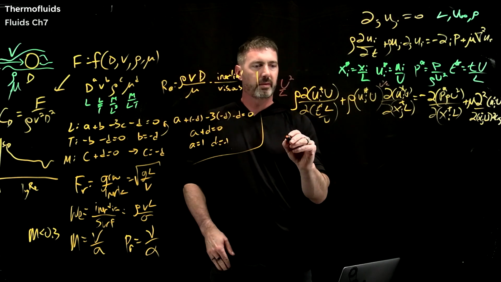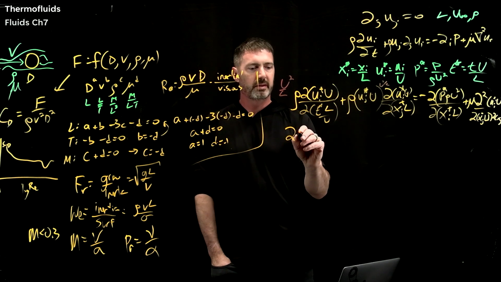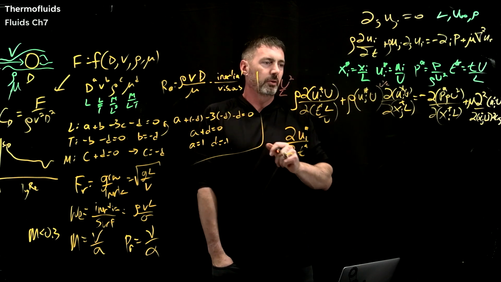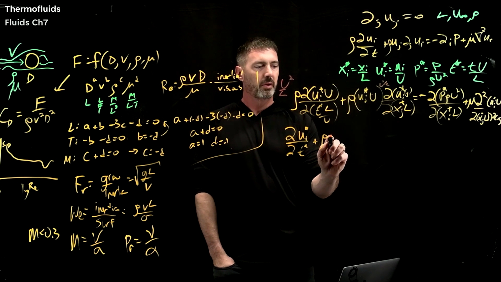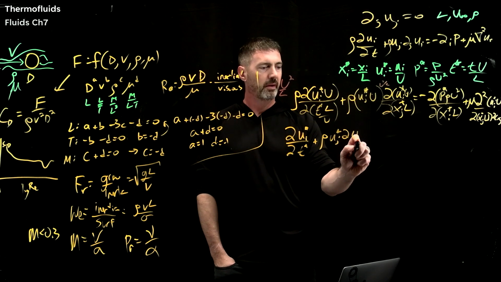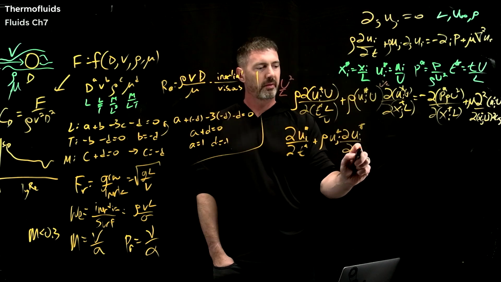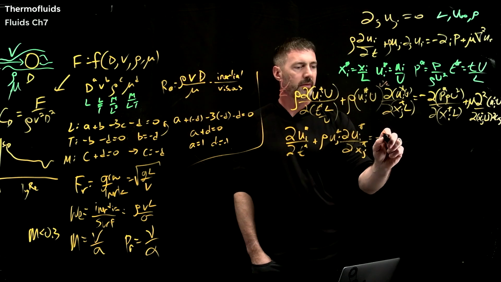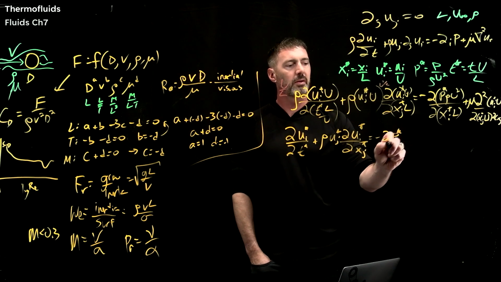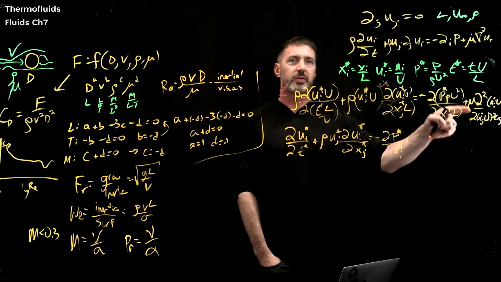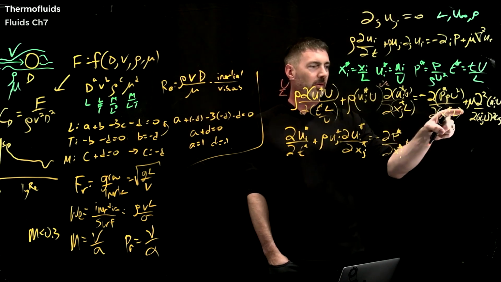What you're left with is the time rate of change of ui star with respect to t star, plus rho uj star times the derivative of ui star with respect to xj star, is equal to negative del p star over del x sub i star. Then all of the terms basically finish up over here.